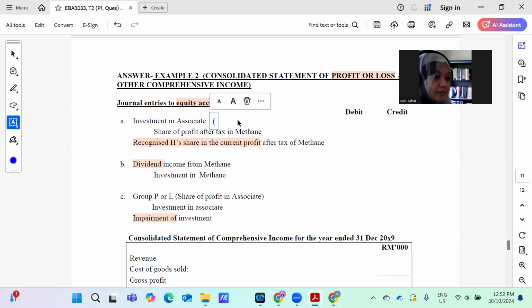I put in bracket, 50,000, but multiply by how many share of significant influence? 30%. So you just multiply by 30%, then we get 15,000. So above here, don't forget to put RM 1,000 in above here.